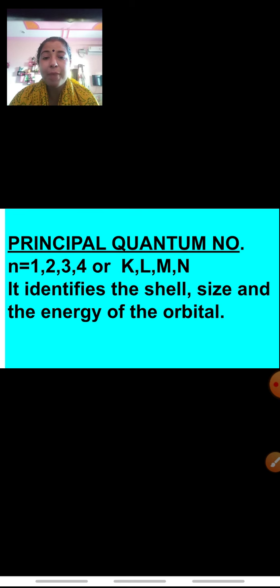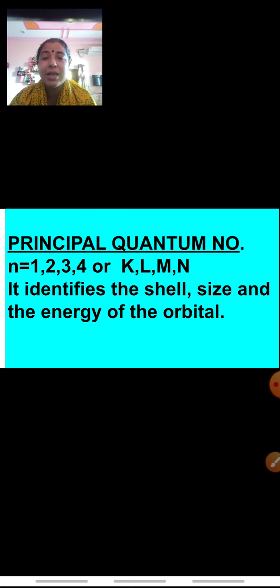Principal quantum number is denoted by n, small n, and it is equal to the integers like 1, 2, 3, 4. It cannot be 0. Now, in class 10th, you all have learned about the shells. The shells are the spaces around the nucleus where the electrons rotate.